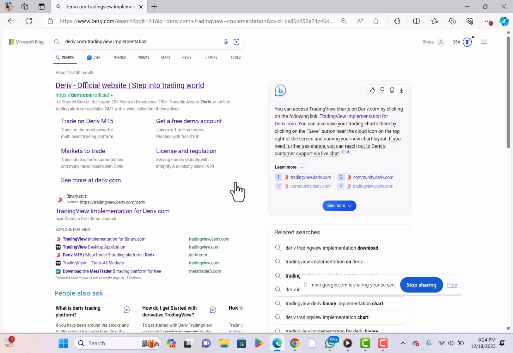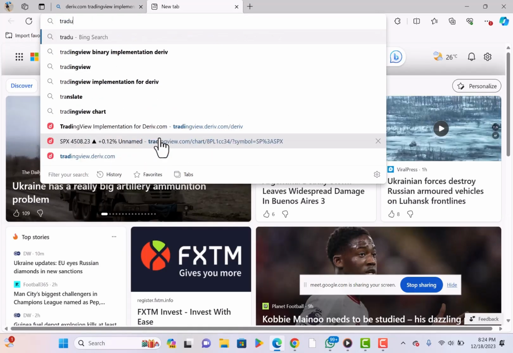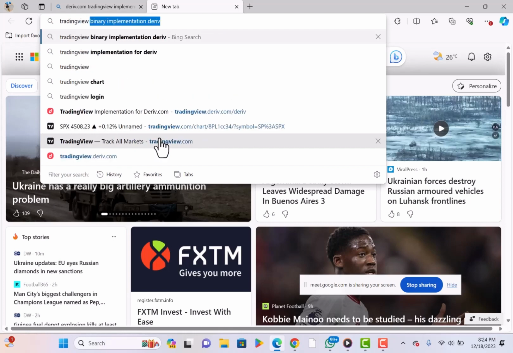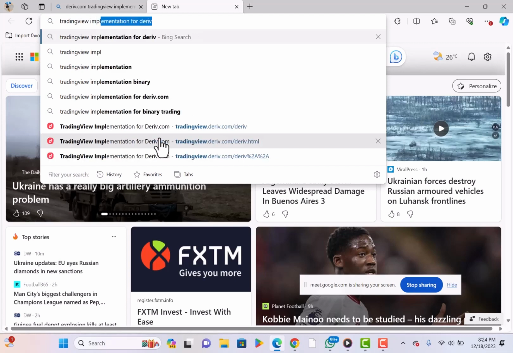Now, when you go to your browser, all you need to do is type deriv.com trading view. When you type deriv.com trading view, it's going to show you something like this. Let me just show you. When you come to this place, you can type trading view implementation.